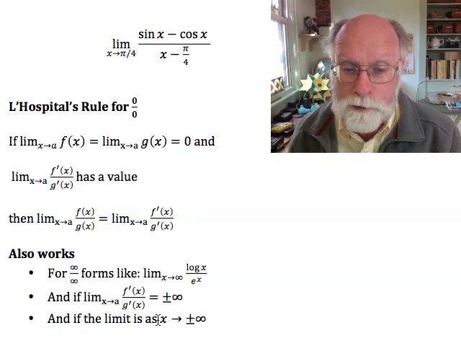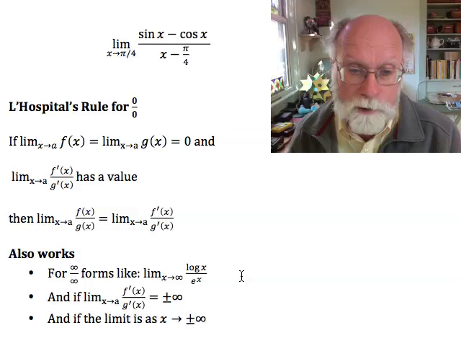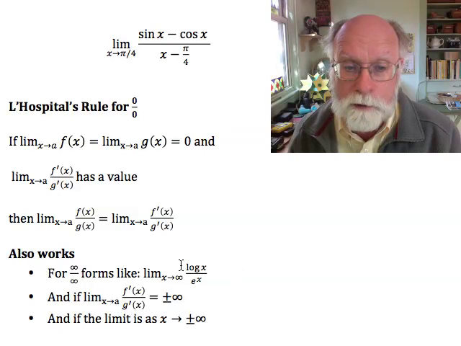And it works if x is allowed to go to plus infinity or to minus infinity. So it works in all those cases. The key is that the object that we're taking the limit of should be a 0 over 0 form or an infinity over infinity form.